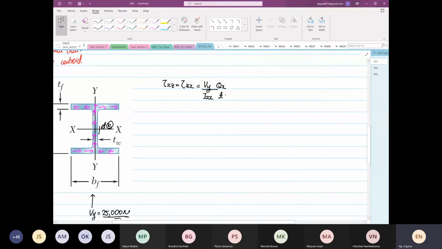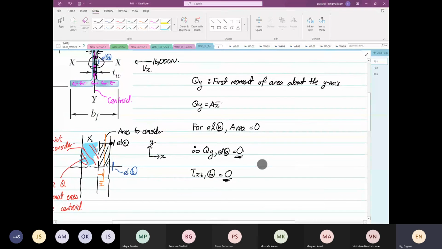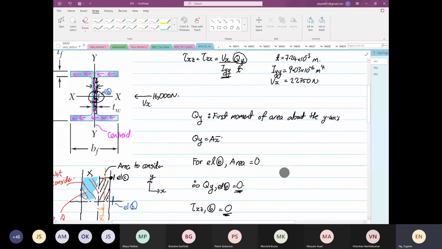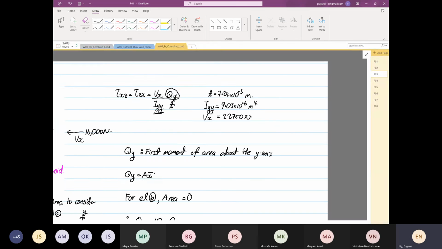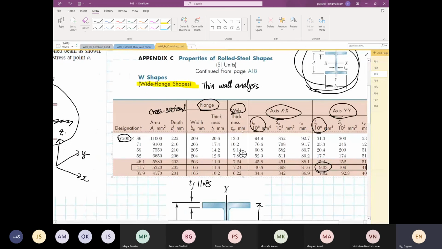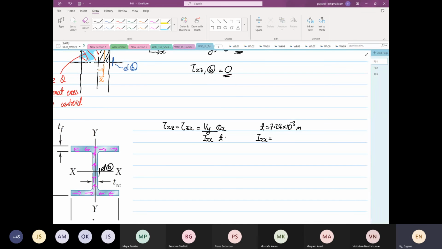I think the thickness will be the same as before, 7.24 times 10 to the power minus 3 meter. Then your Ixx is 40.8 times 10 to the power minus 6 meter to the power 4.